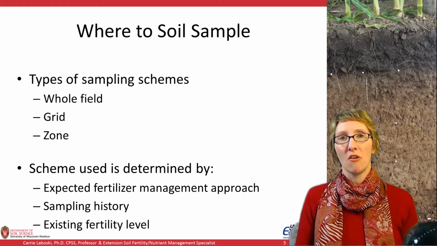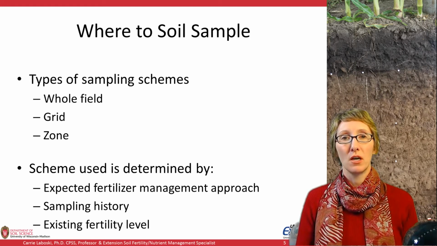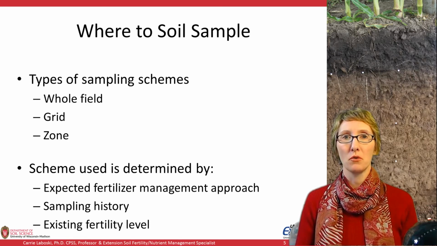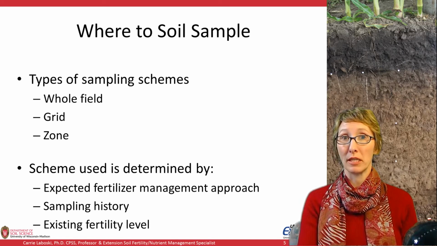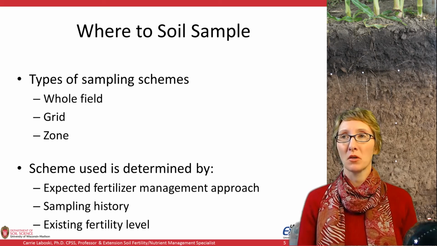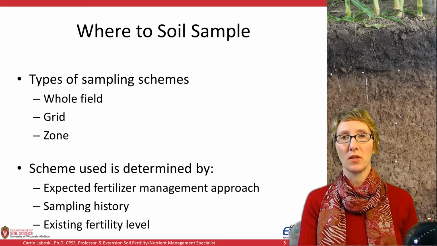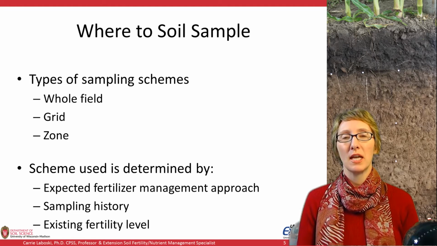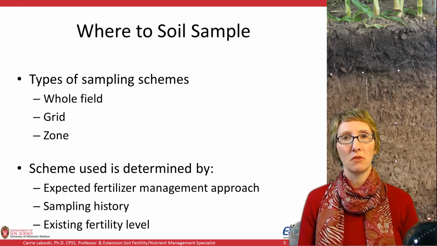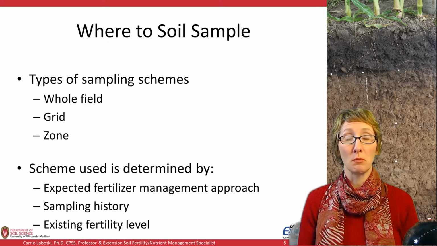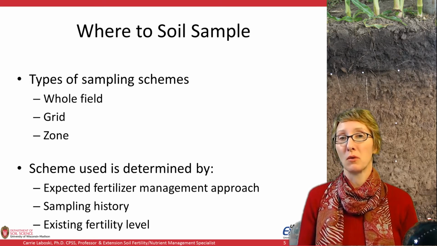You might also think about sampling history. If this is a field where you've never farmed it before, it's a brand new rental piece of ground, you don't have much information about it, maybe a grid type sampling would be important to start with, so that you can get a better sense of variability. And you might think about that differently than if it's a field that's been in your family for 100 years and has been sampled many times in the past, and you kind of know what's going on.